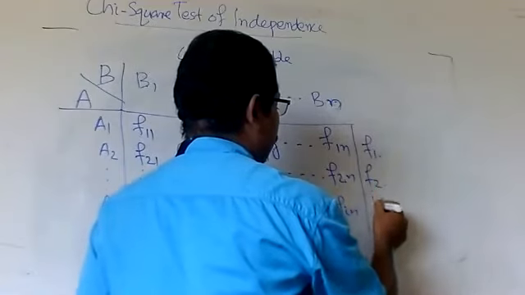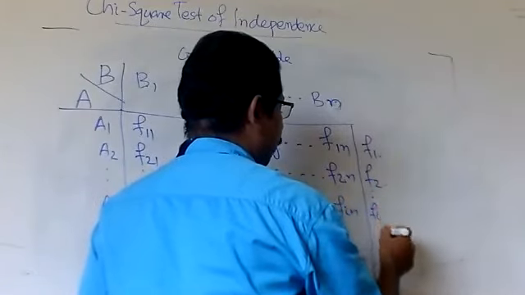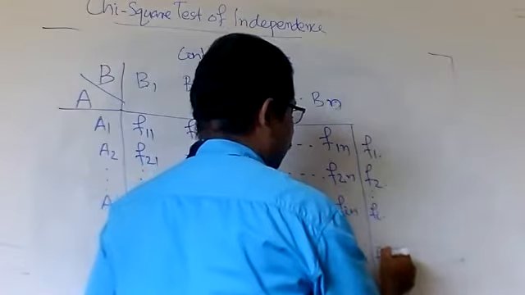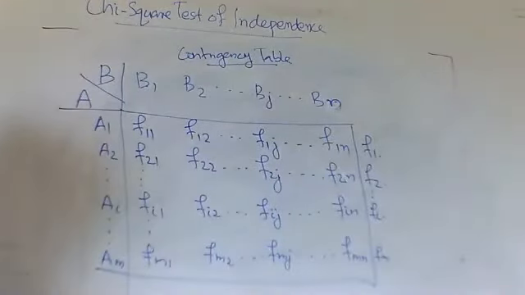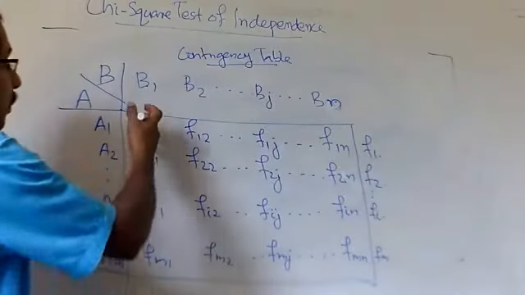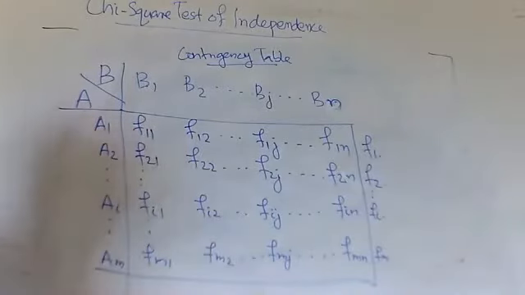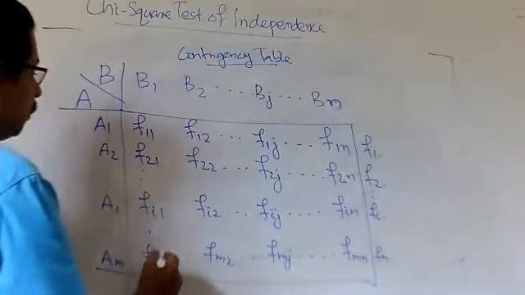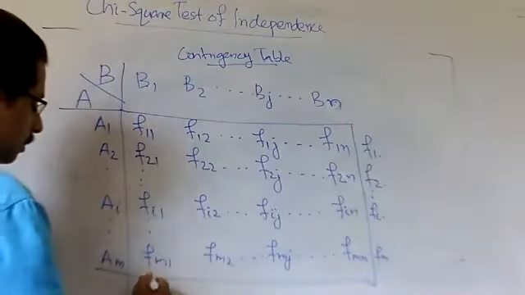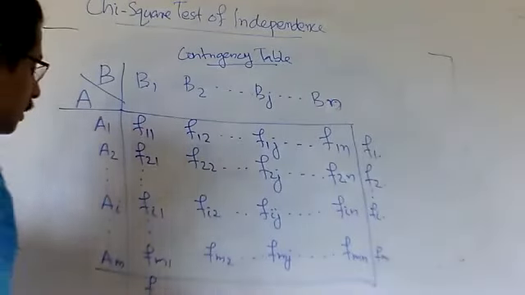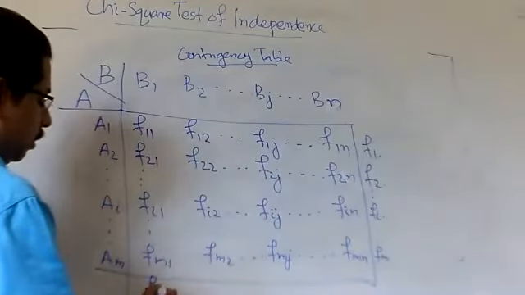Similarly for the ith row it is Fi dot, and here it is Fm dot. And you may find the column sums. Here the first suffix is varying, so for the first column it is F dot 1.